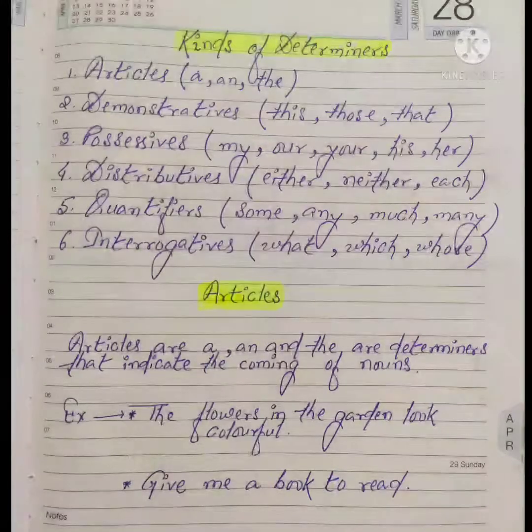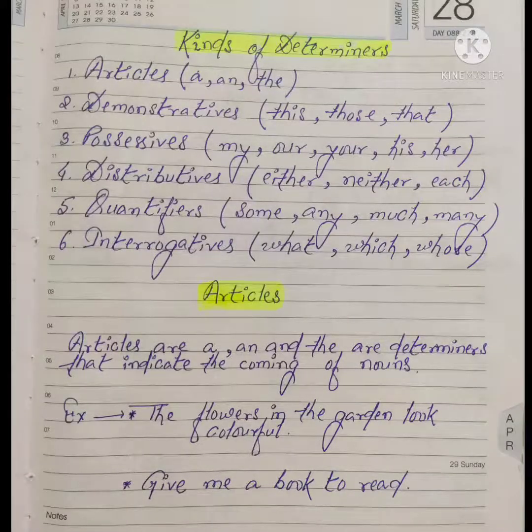So let's get started with the explanation of each of the determiners, starting with the very first, which is articles. Articles are a, an, and the, which indicate the coming of nouns. For example, the flower in the garden looks colorful. The second example says, give me a book to read.